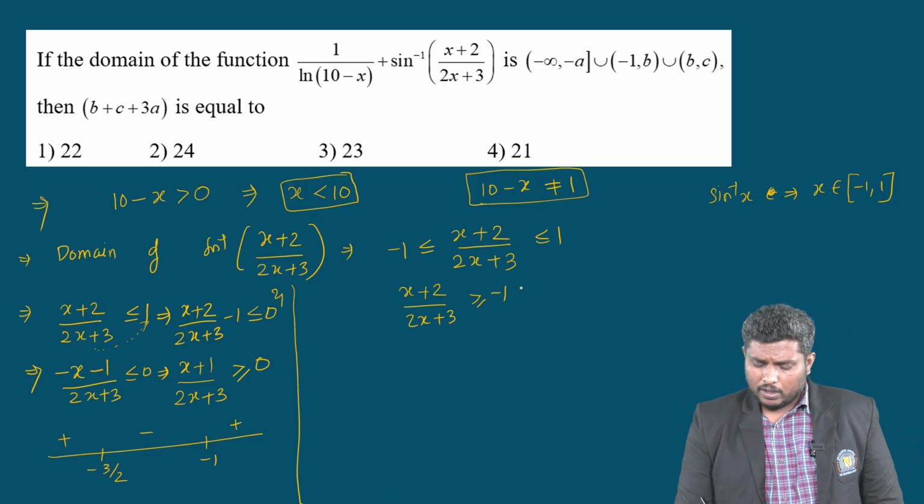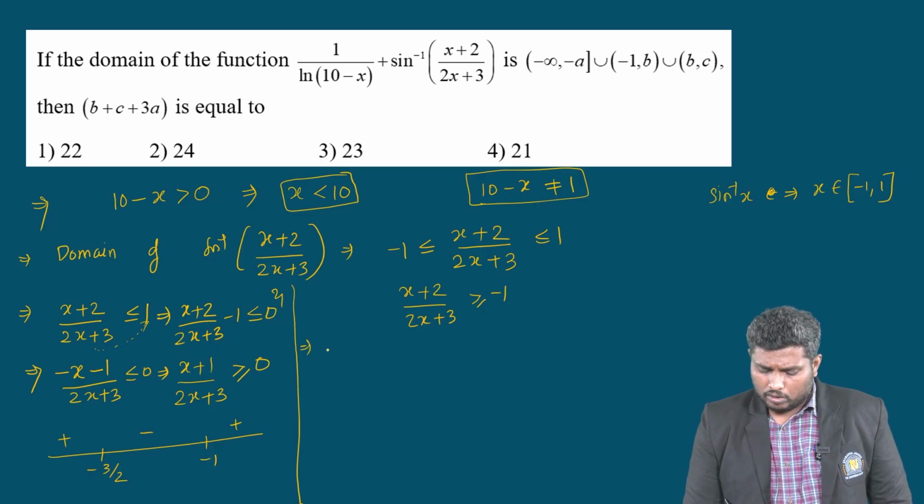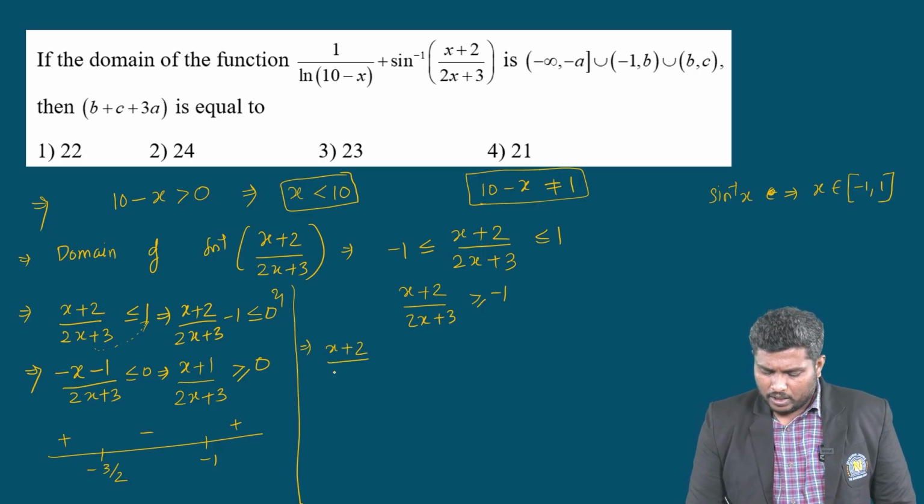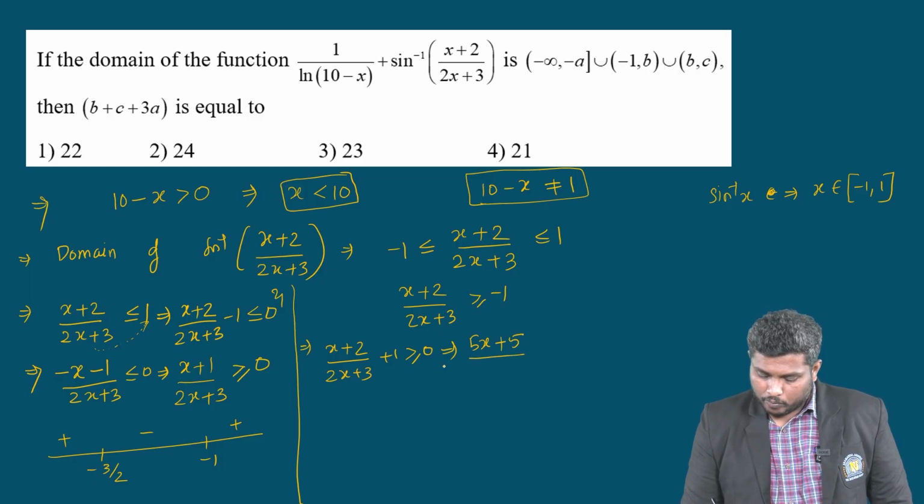At the same time I want to solve this one also. (x+2)/(2x+3) + 1 ≥ 0. So it is 5x+5 by 2x+3.